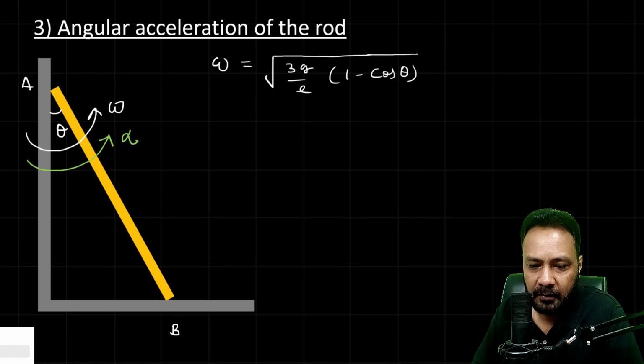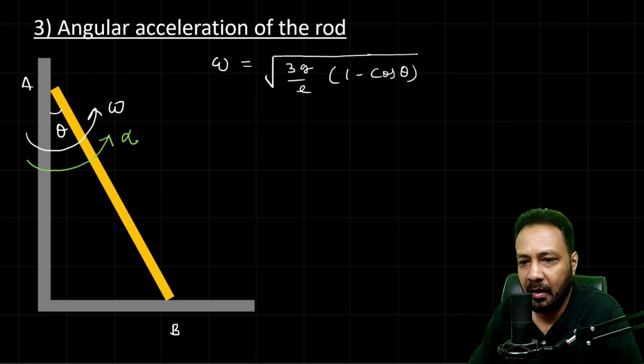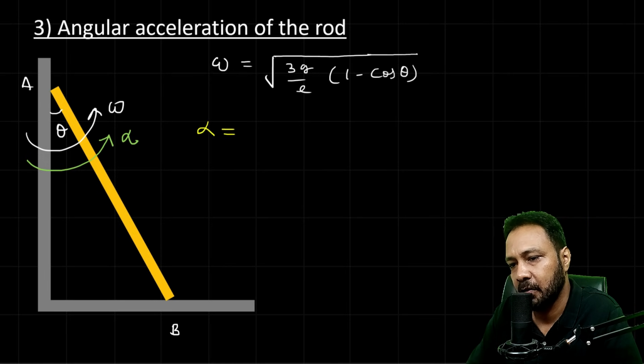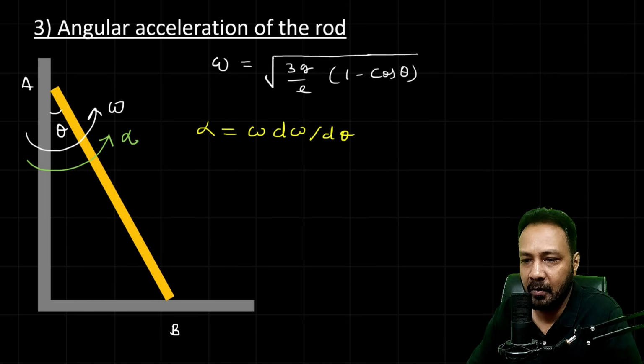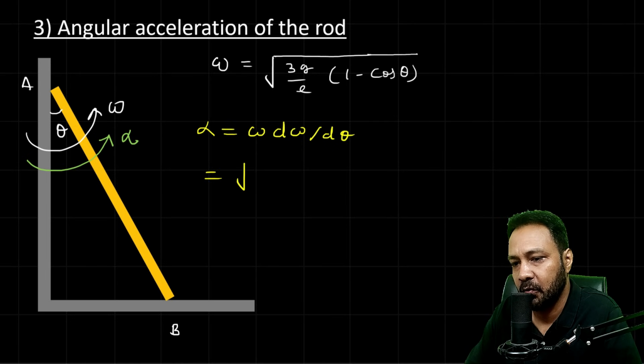So what can I write for alpha? Alpha I can write as omega d omega by d theta. Omega is square root of 3g by L into (1 minus cos theta).